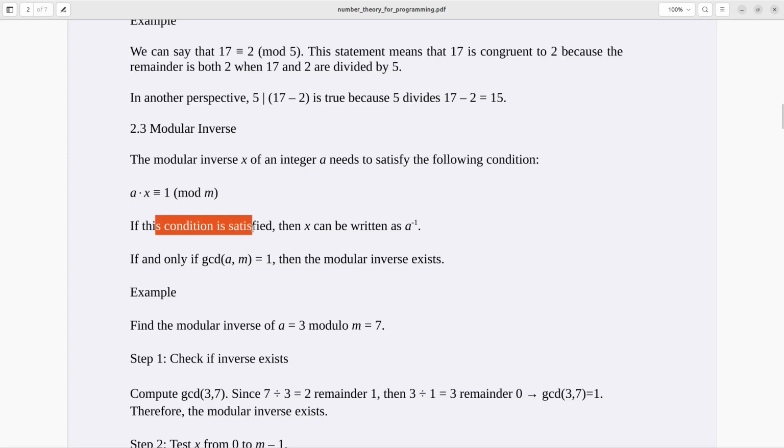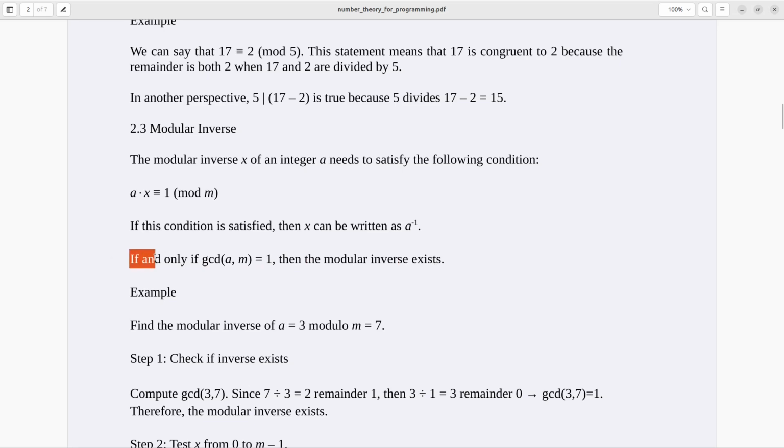And if this condition is satisfied, then we can write x as a to the power of -1. So that means x is the modular inverse of a. And if and only if the greatest common divisor of a and m is equal to 1, then we say that the modular inverse exists.